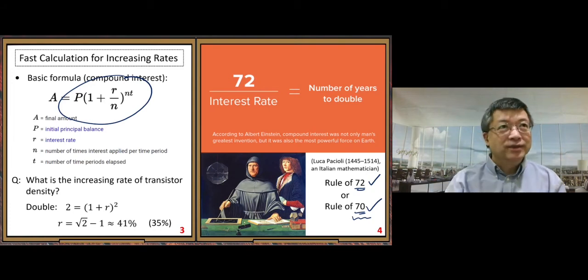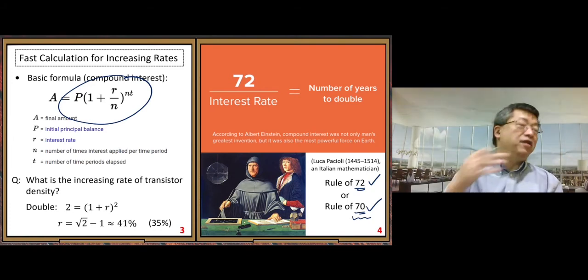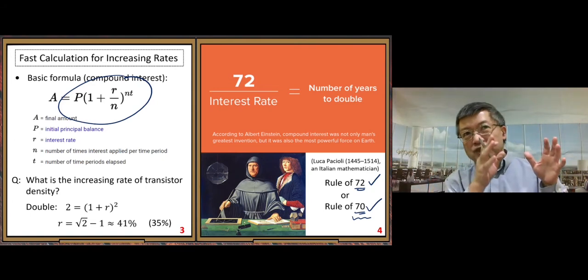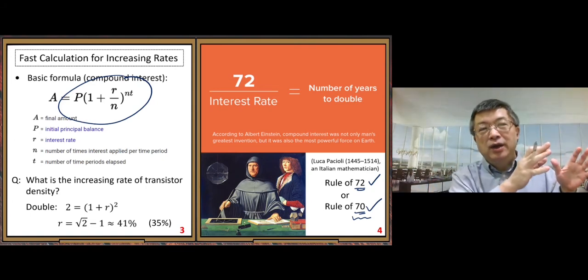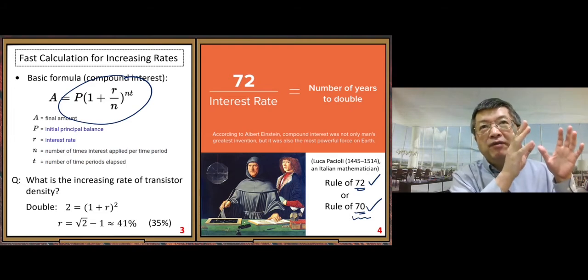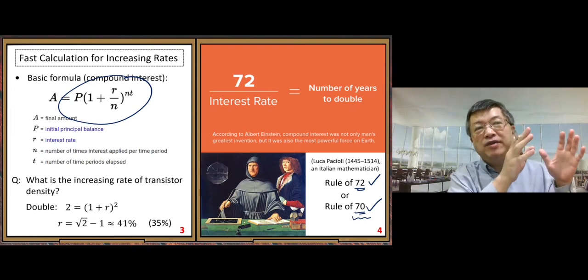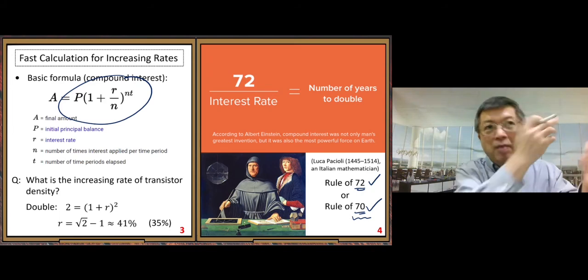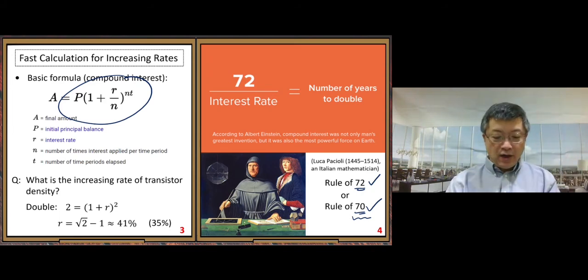More convenient. Better than 72 over 5, right? So mainly, when we choose the rule of 70 or 72, it is based on which one gives us a better looking answer. Okay, all right.